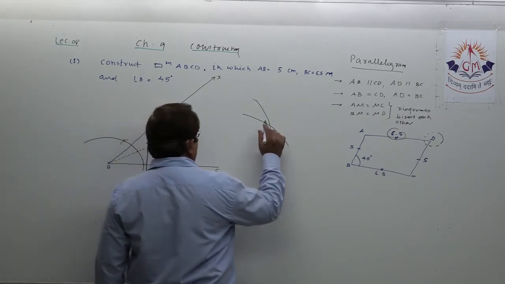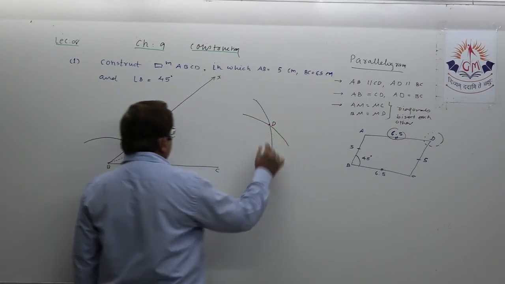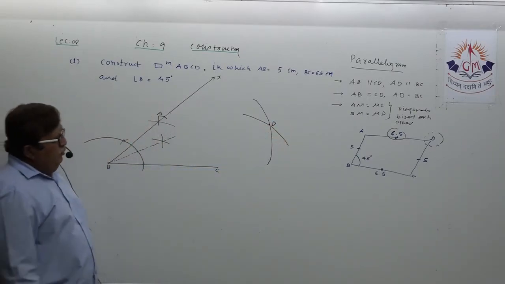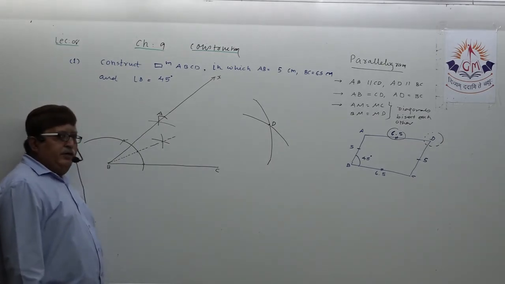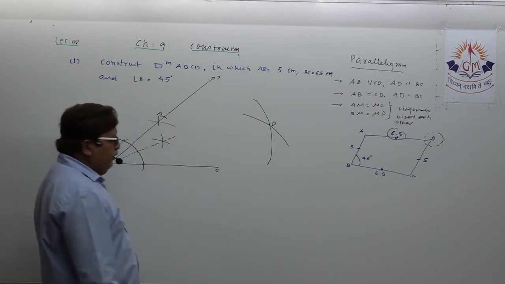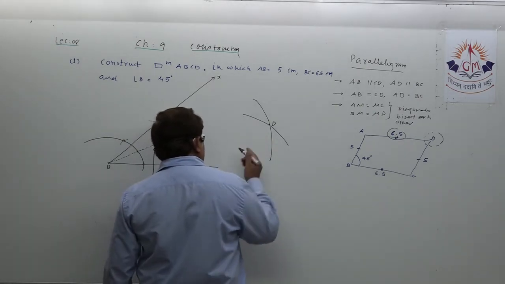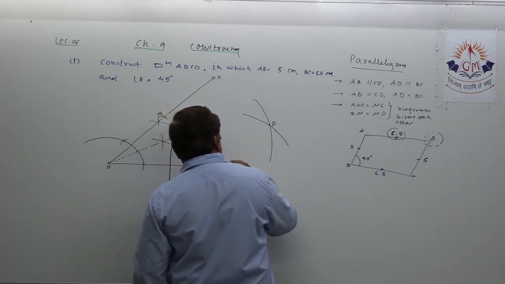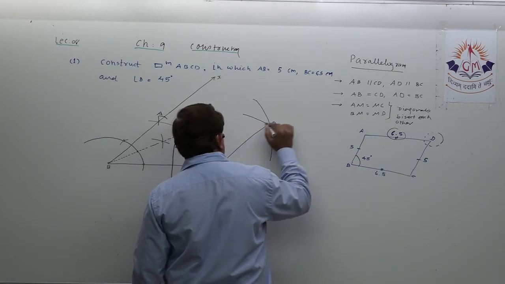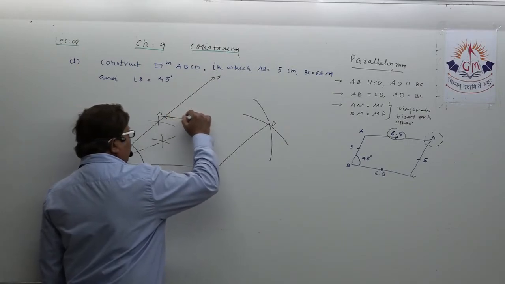Both arcs will intersect at some point D. That means the point of intersection is point D. Now after you get this point D, it's quite easy to understand. Just join CD and then join AD.